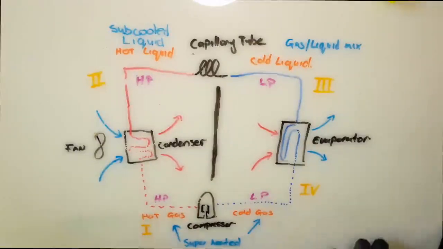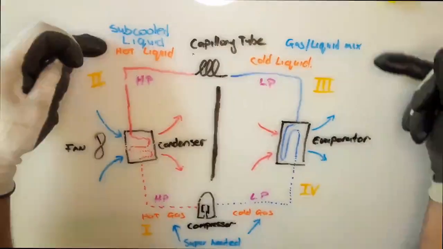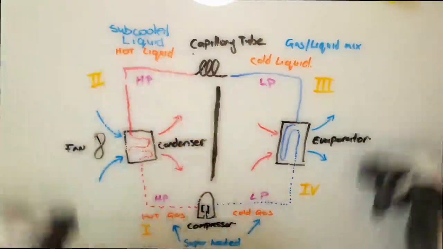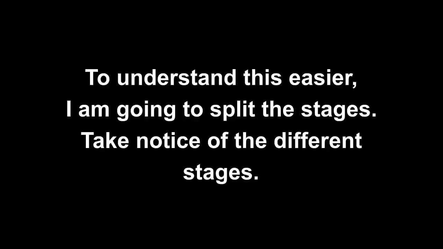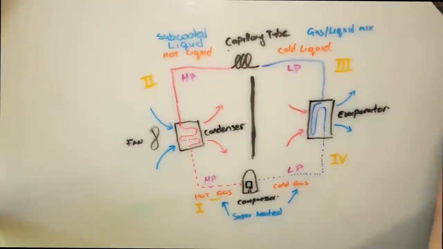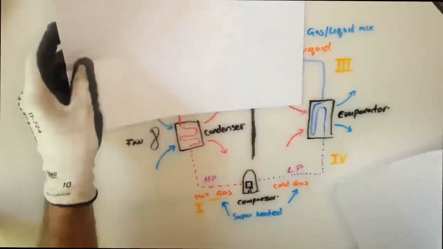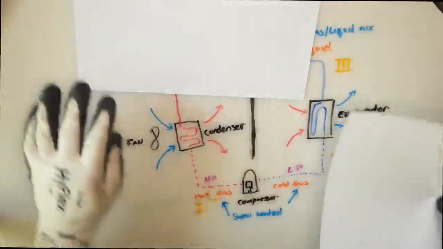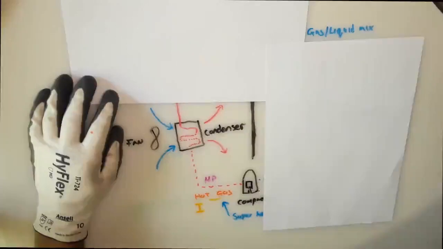If I demonstrate here, we have our superheats here, and I have my subcooled liquid and a gas liquid mix. What I want to explain is I want to split this up into 4, and let's start with quadrant number 1.